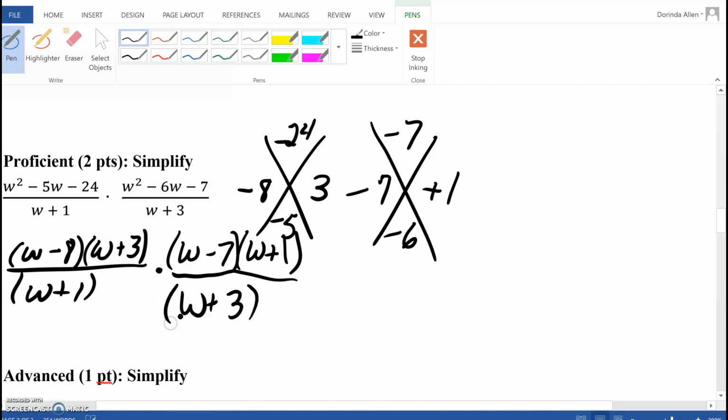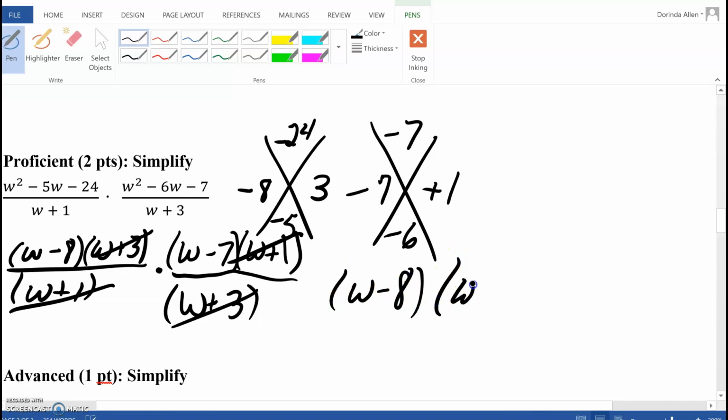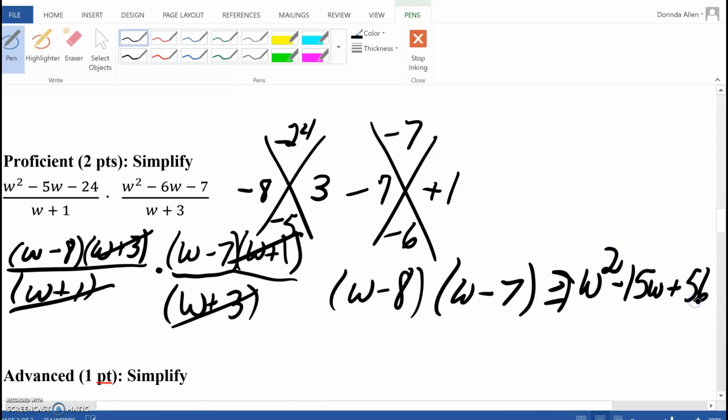So here's all my factors. This factor will cancel out with that factor. We can't cancel terms, but we can cancel factors. So that leaves me with w minus 8 times w minus 7, either over 1 or just like that, or if you want to multiply that out, you would get w squared minus 15w plus 56.